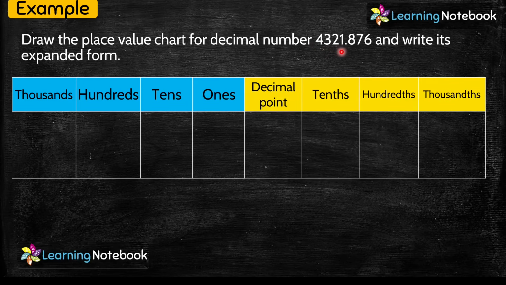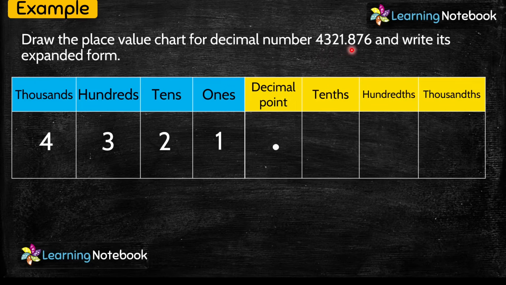So let's represent it. 1 is at ones place, 2 is at tens place, 3 is at hundreds place, and 4 is at thousands place. Now let's put the decimal point in the place value chart.